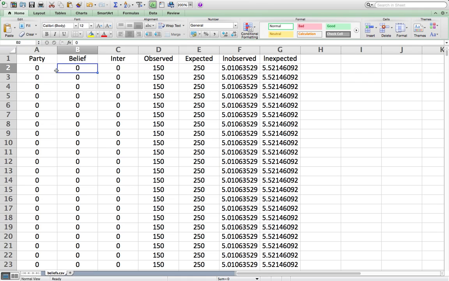Of those who were party 0, which is Democrat, and belief 0, which is pro-life, I have the interaction as 0. The observed count was 150, and the expected count was 250. I've done this for all options, and then I created a natural log of the observed, simply taking the natural log of 150, and the natural log of the expected, which was 250.